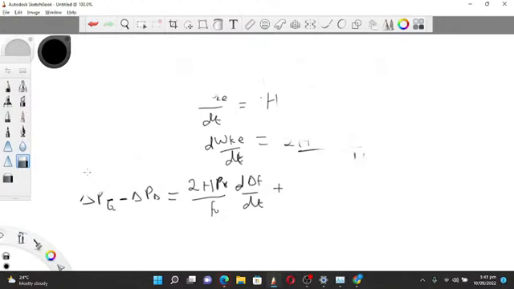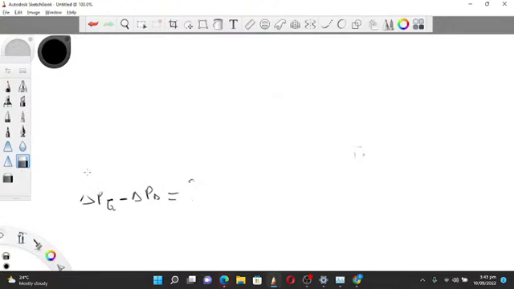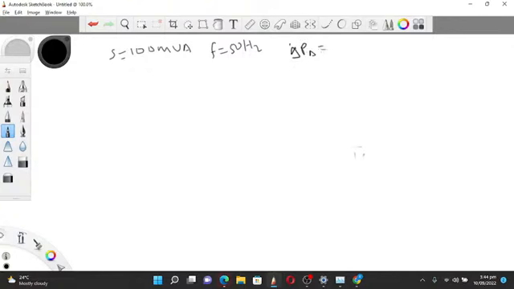So you see example 1 here. Let's do one example and then we go. We have a 100 MVA synchronous generator on full load at frequency 50 Hz. The load is suddenly reduced by, that means our change in load, since it has been reduced, it's a negative change.